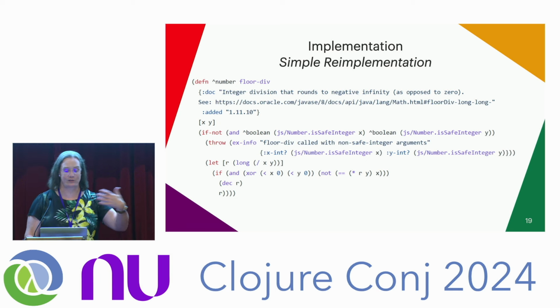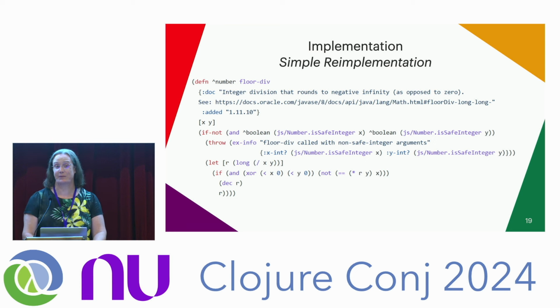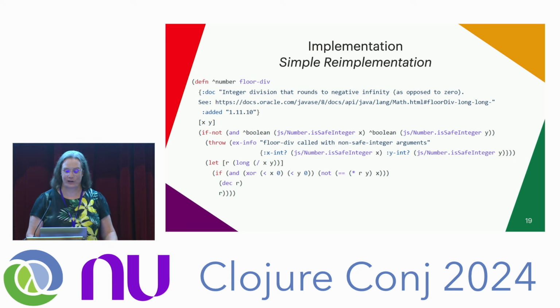Is one of them negative? Is one of them positive? Which way does rounding go? That kind of thing. We can implement this ourselves and return it. It's relatively straightforward. I got through pretty much all of these functions in the first couple of days, and thinking I'm on a roll, it's going to be done really quickly.